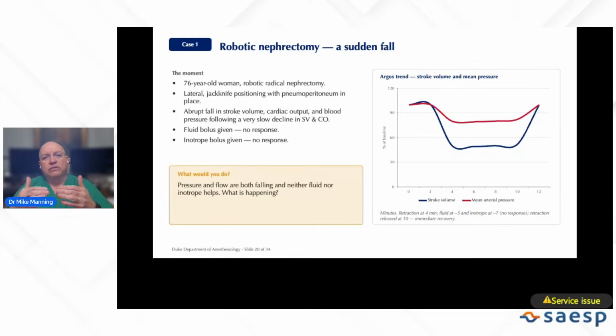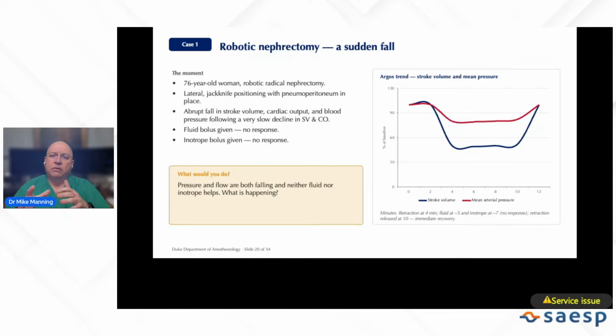Patient was in a lateral position, jackknife, and the pneumoperitoneum was in place. And the case was going along very nicely, very stable. But then there was an abrupt fall in stroke volume and cardiac output, and the blood pressure was following. And this is a depiction of the data that we got from our RTIA over minutes.